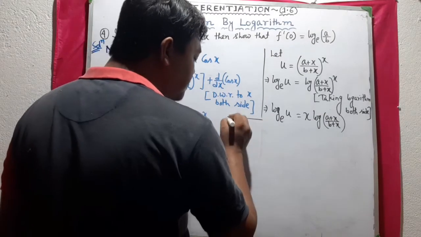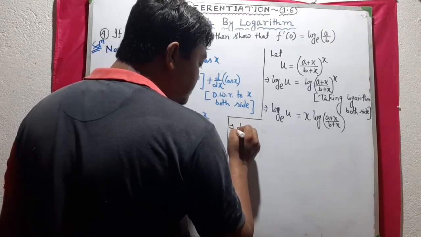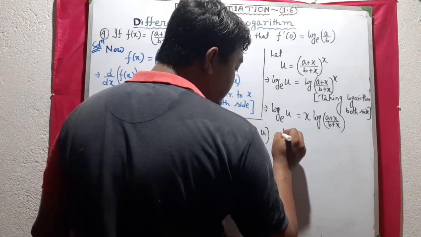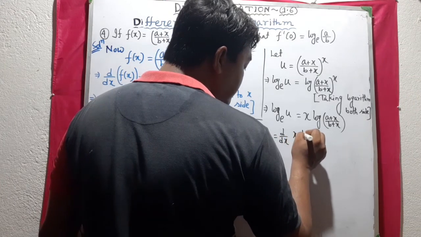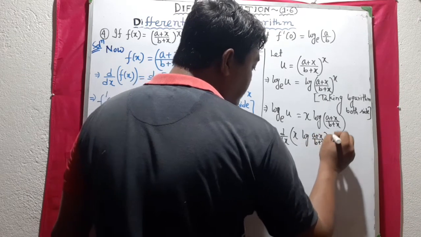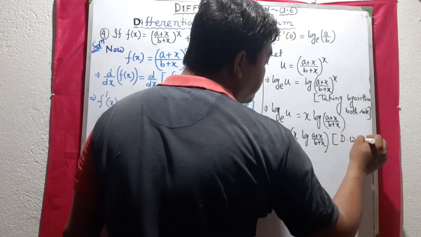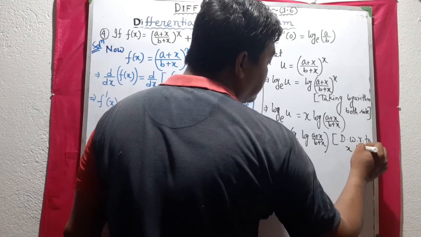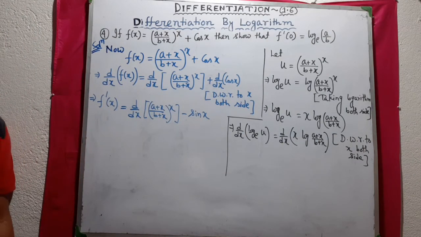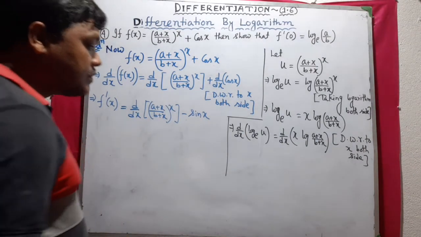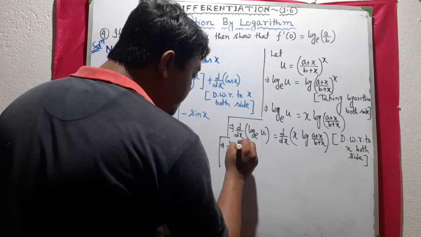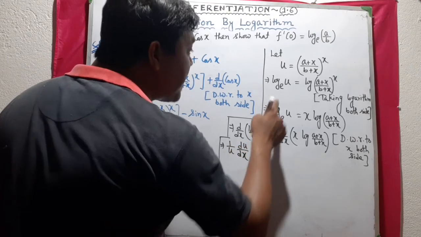Now differentiate it with respect to x. So d/dx of log u base e equals d/dx of x into log (a plus x by b plus x). And we write down here, differentiate with respect to x both sides. So now that gives 1 by u du/dx, because we have taken u equals to this.